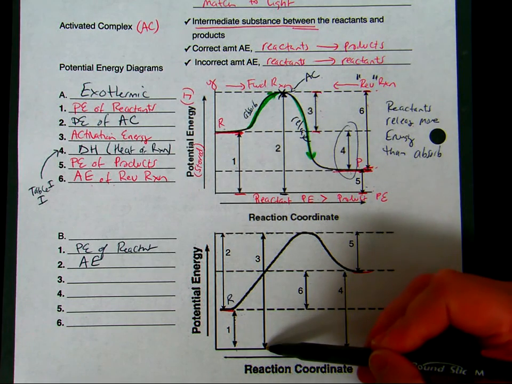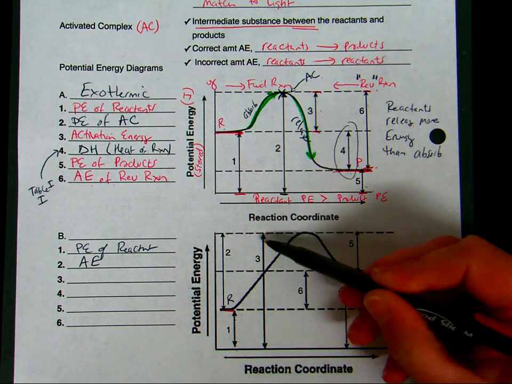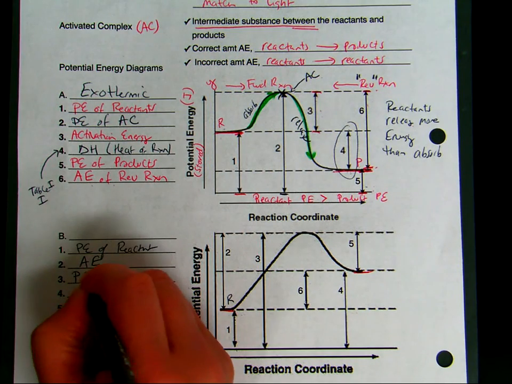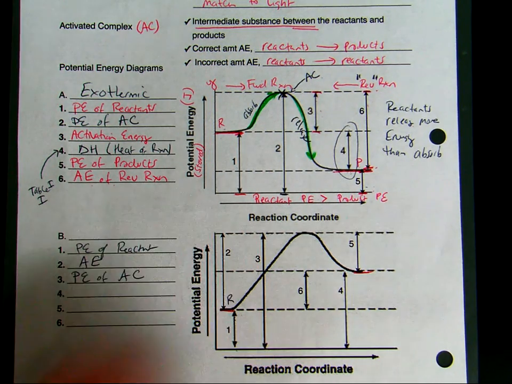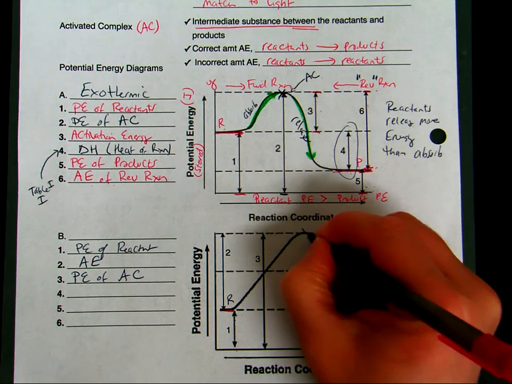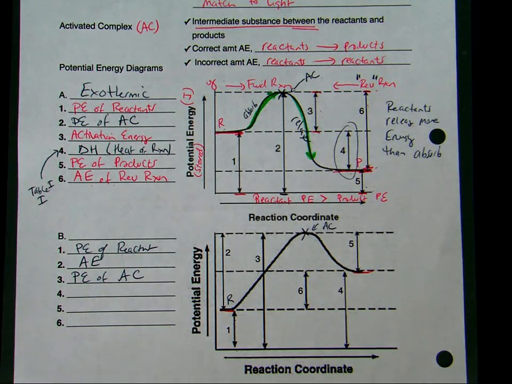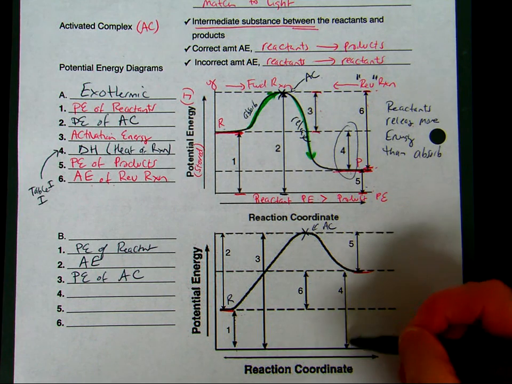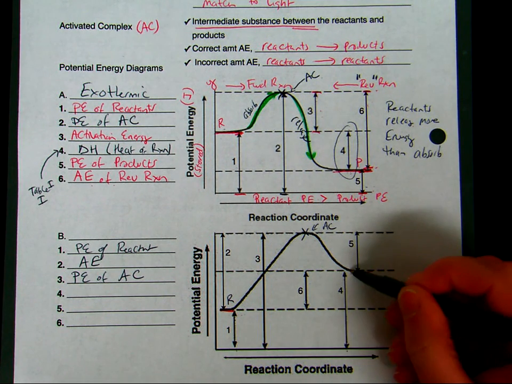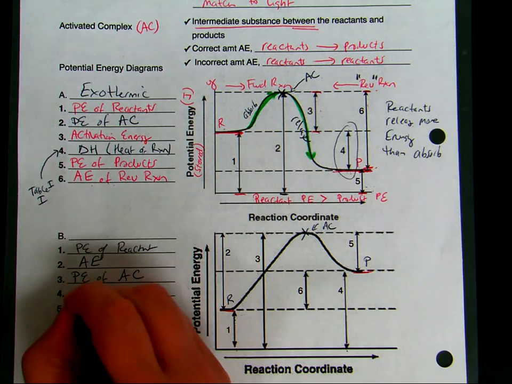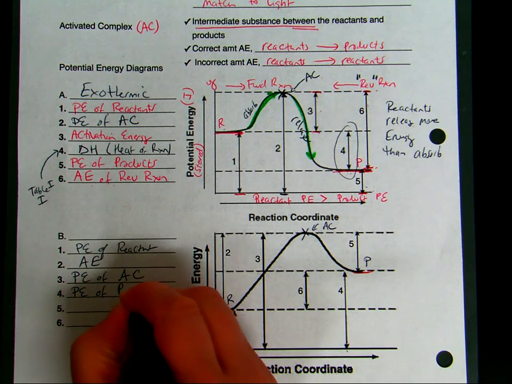Arrow 3 starts at the x-axis, ends at the peak of the hill, so I would just say that this is the PE of that activated complex, and I would put an X to show the location of that activated complex. Arrow 4 starts at the x-axis and ends at the products platform, so I would say this is the PE of the products.